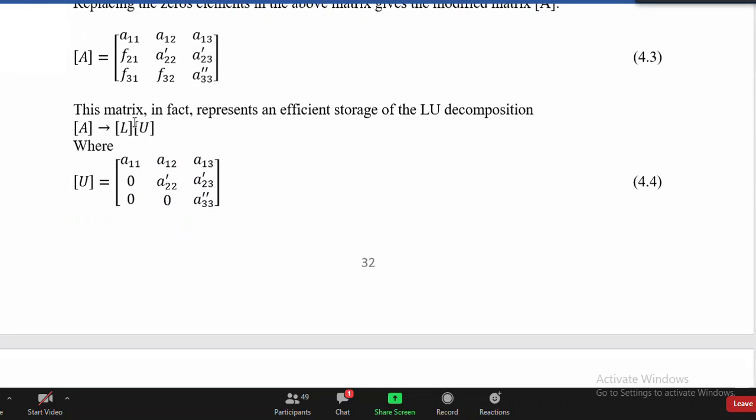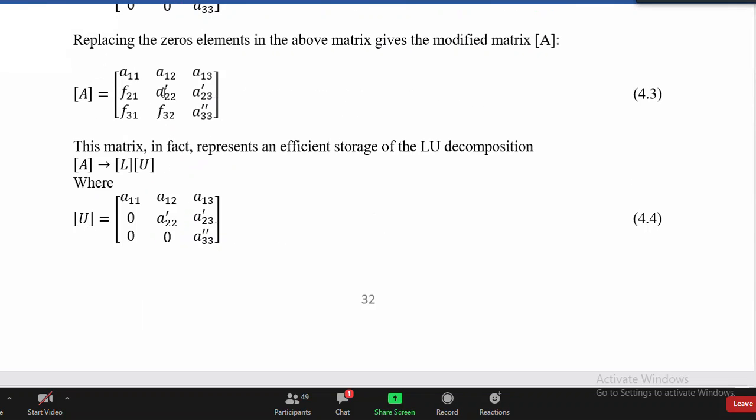Now from this place, we can see that there is also a lower triangular matrix. Okay, so all those F21, F31, F32 take the place of 0, 0, 0. Then we put F21 here, F31 here, F32 here.